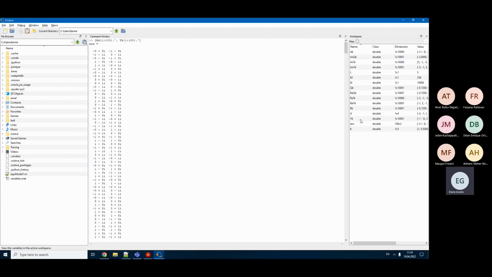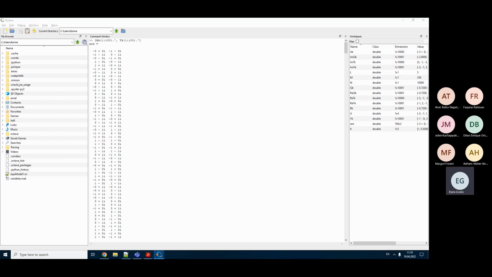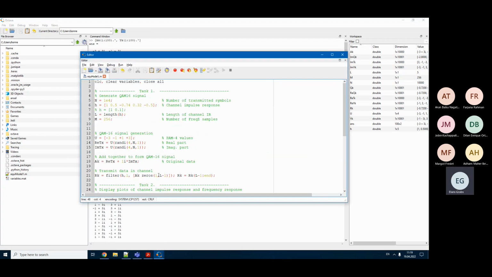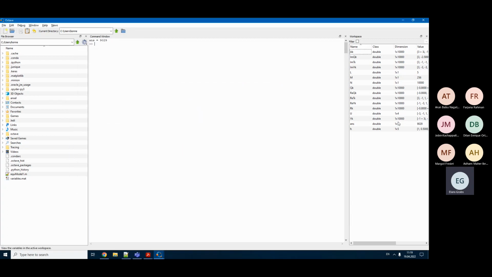However, now I want to double check how many we have of these symbols and how many we have of these symbols. So we have one extra symbol here, which is odd. So that probably means we need to subtract 2 from here for them to be of the same length. Yes, now they are the same length, 10,000 here and 10,000 here.